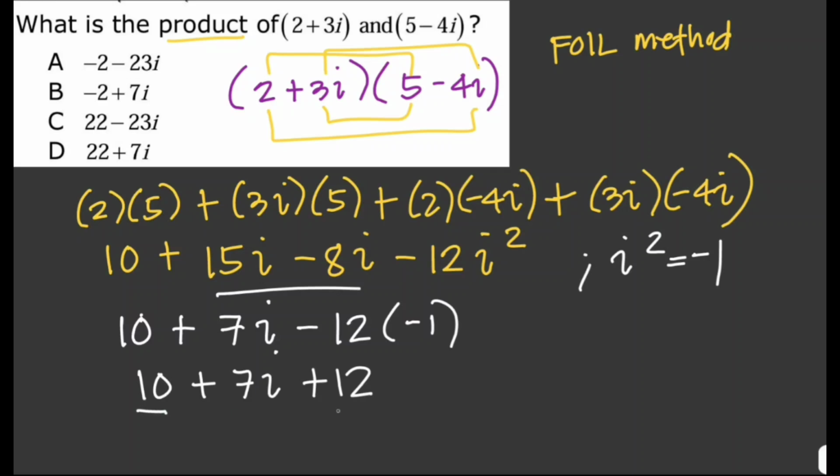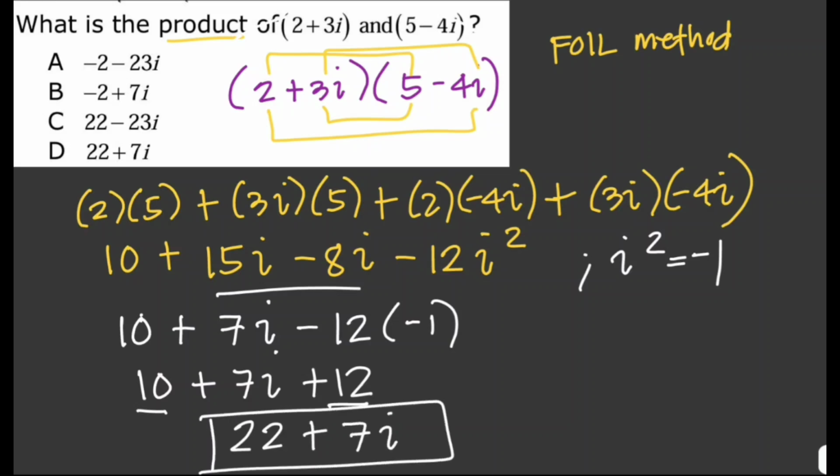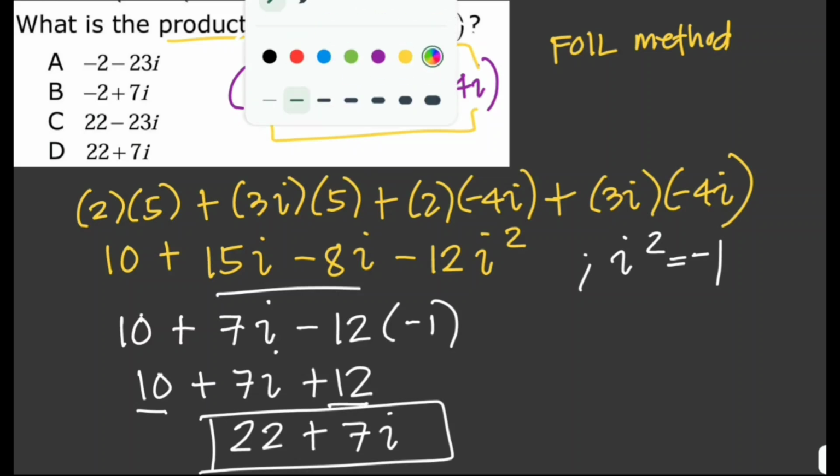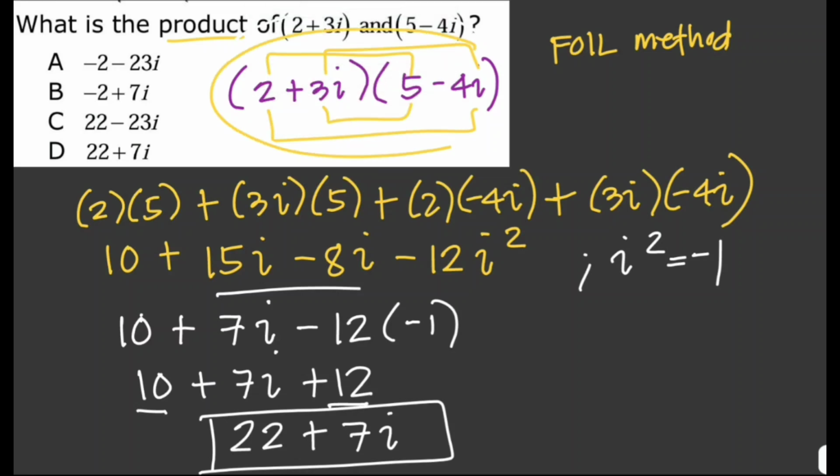Then we can group 10 and 12. That would be 22 plus 7i. Therefore, the product of these two complex numbers is 22 plus 7i. So the answer is letter D.